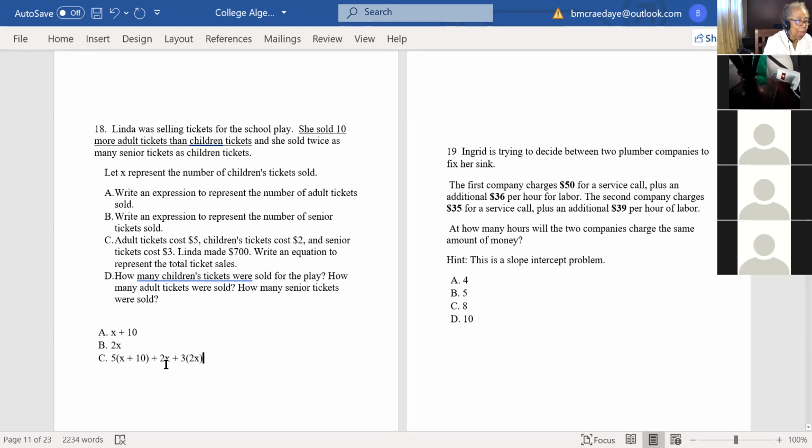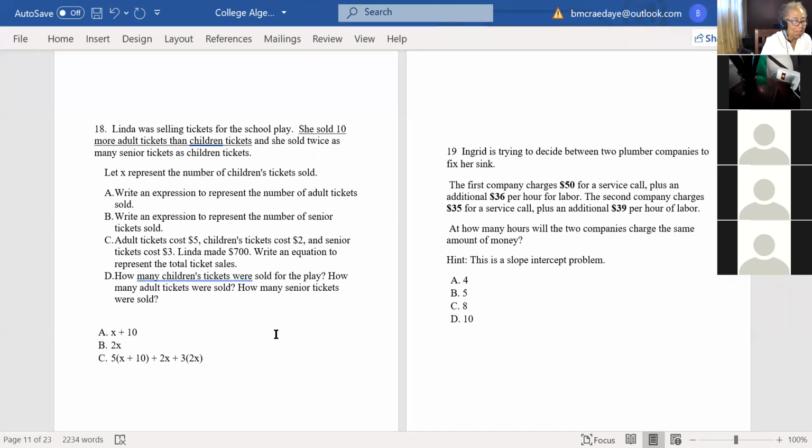So that's 2X because they said let X represent the number of children's tickets sold. When you get to the senior tickets, they cost $3. And we already answered in B the number of senior tickets, 2X. So that would be 3 times 2X. Got it?